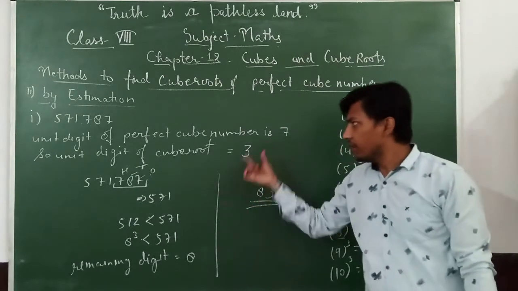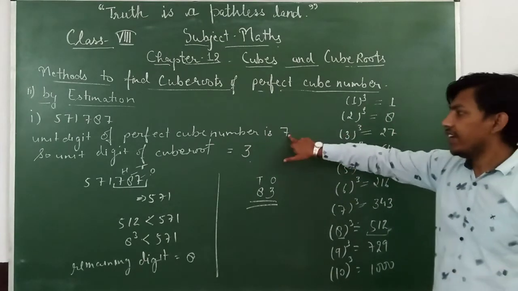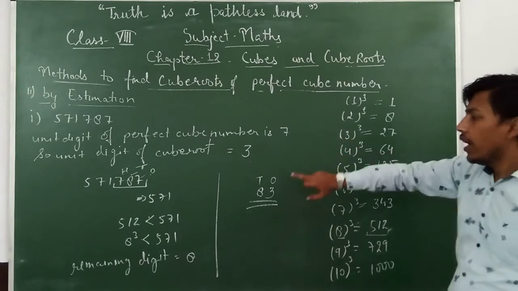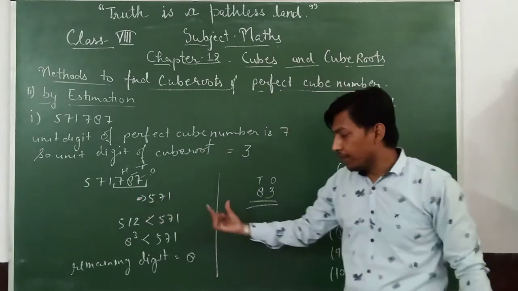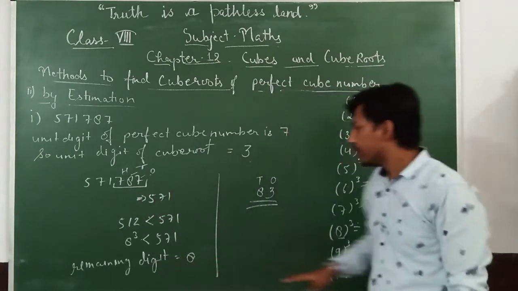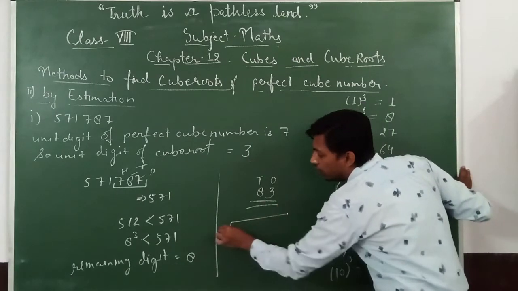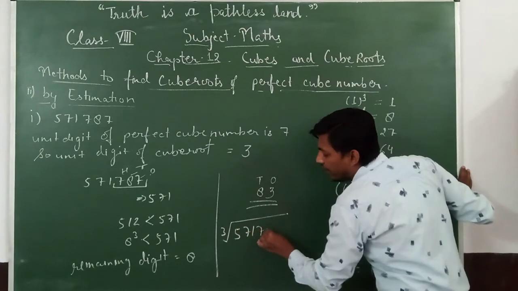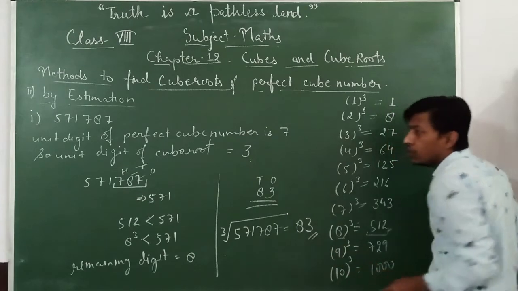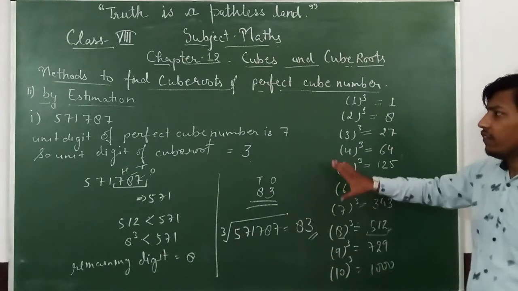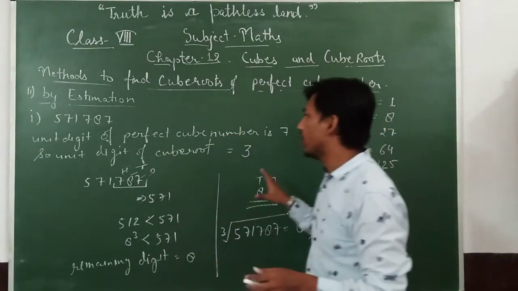So the number found is 83, and the cube root of 571787 is 83. So by the estimation process, we can easily find the cube root of any number when it is a perfect cube.